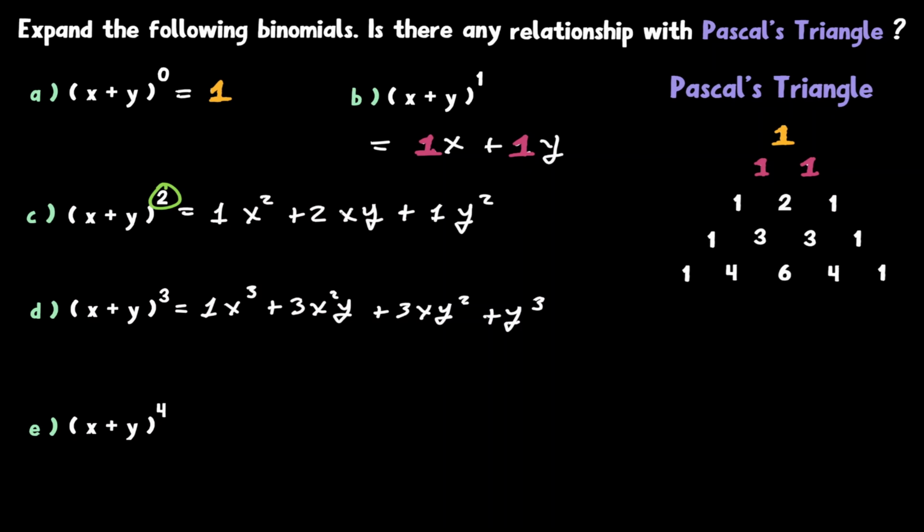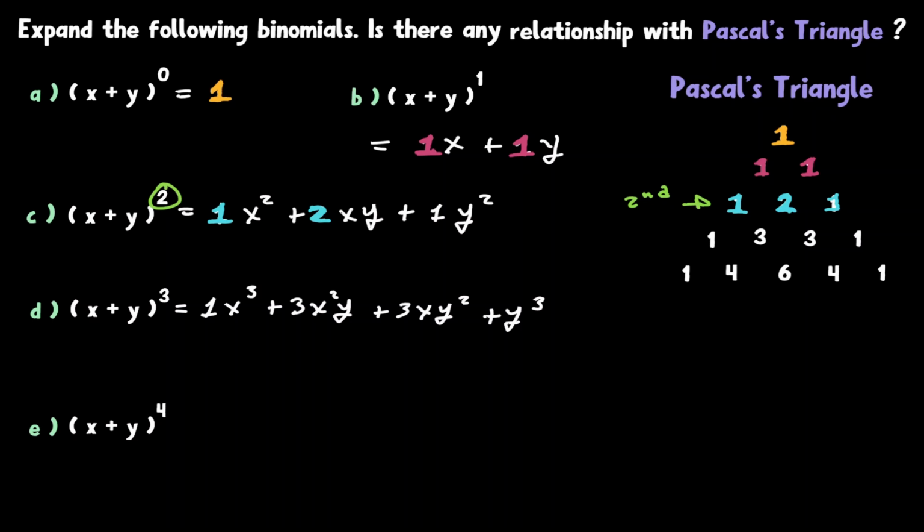When I was raising my exponent to the second, and I take a look at the second row in Pascal's triangle, notice that the first value in this row, which is 1, matches up with the first coefficient in my expansion. The second value in this row, which is 2, notice that is also matching with the next coefficient in our expansion.